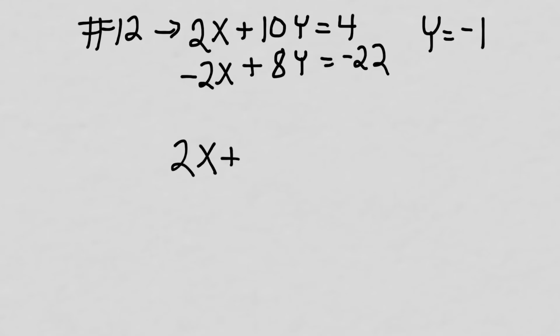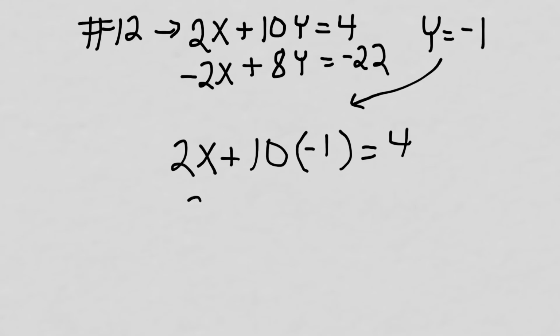2x plus 10y, that's the one I've already solved for, equals 4. I want to put this negative 1 inside there. I get 2x plus 10 times negative 1, which is negative 10, so it's plus negative 10. That's the same thing as subtracting 10, equals 4. Next I want to add 10 to both sides.